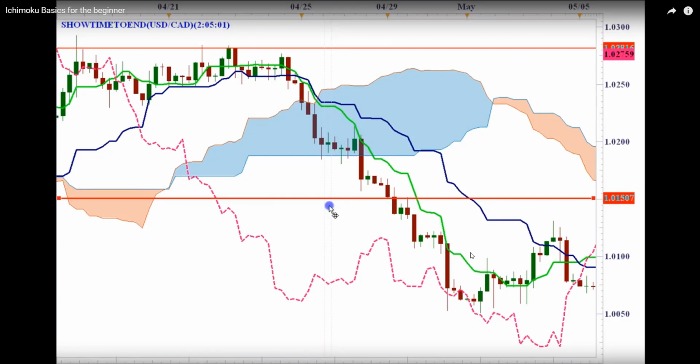And then there's a third one, this dotted line here. I believe this dotted line is the Chikou span, the Chikou span line. It talks about how the price compares to last month's price. Am I right?